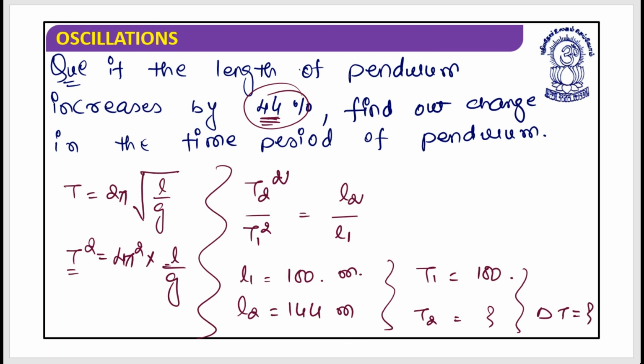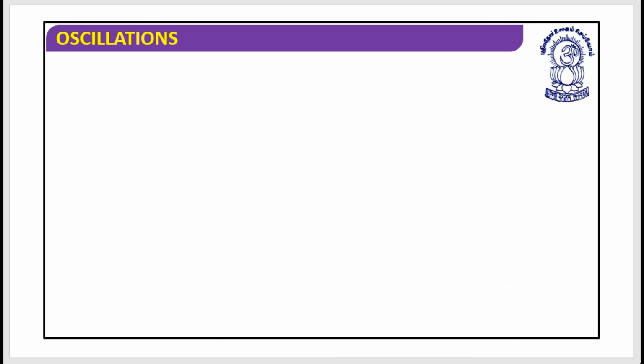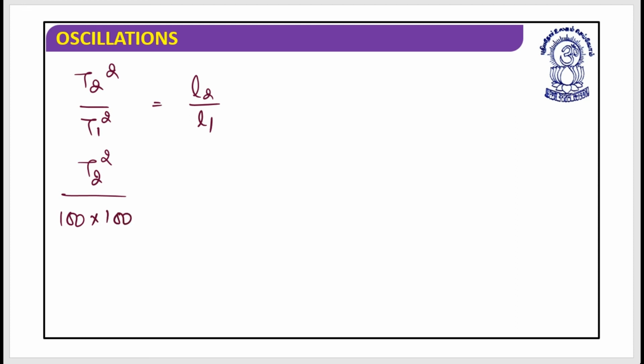I hope this is clear. Is it clear? Are you sure? So now, T2 square divided by T1 square equals L2 divided by L1, which is 144 over 100. L1 is 100.